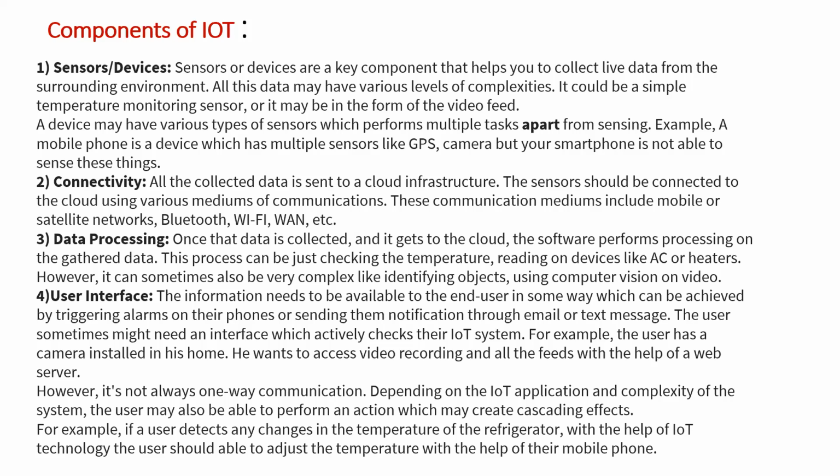They may not be of the same kind. So they are not homogeneous, they are heterogeneous. So heterogeneous devices are there, and the application creates a network of these heterogeneous devices. Okay, so this communication level is responsible for creating a network of these heterogeneous devices. So this is what is important here.